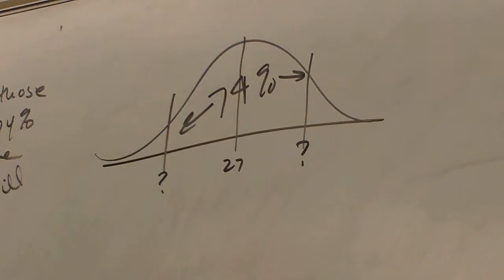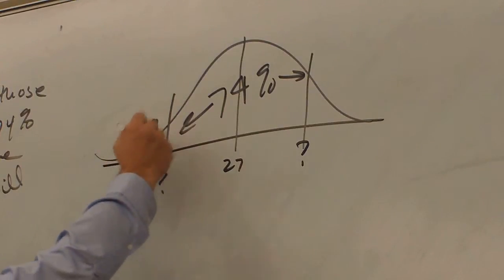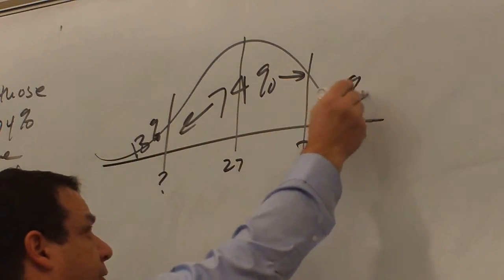Well, now I have to find the z-scores. I have to find the area to the left of the z-score of interest. So I take that 74, subtract it from 100, that gives me 26%. So that means 13% of the area is here, and 13% of the area is here.